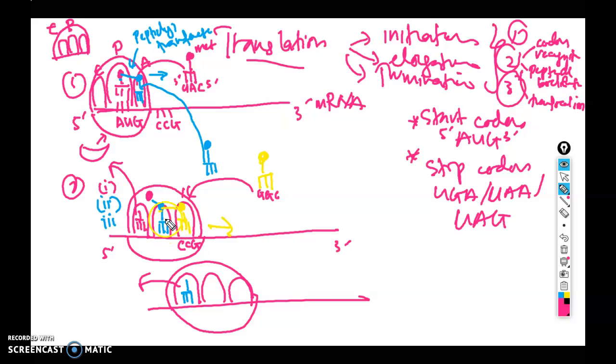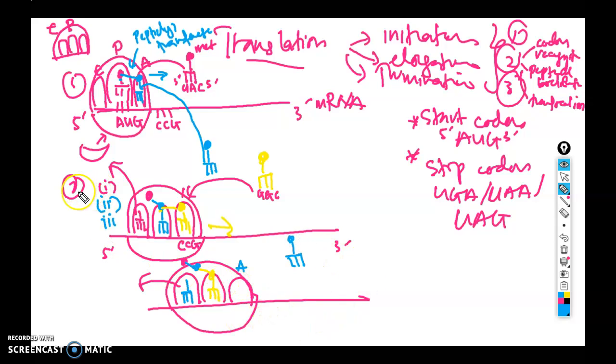And the A site tRNA, the yellow one, will enter the P site, and it has the polypeptide chain. And this A site will be ready to receive another amino acid tRNA.